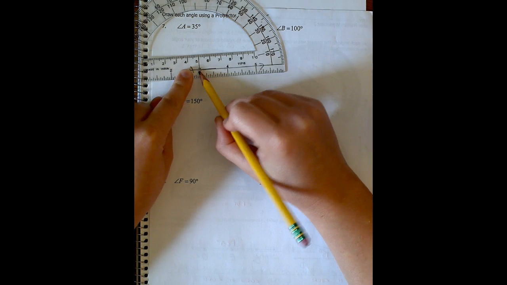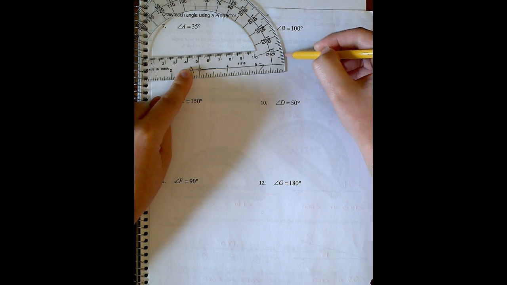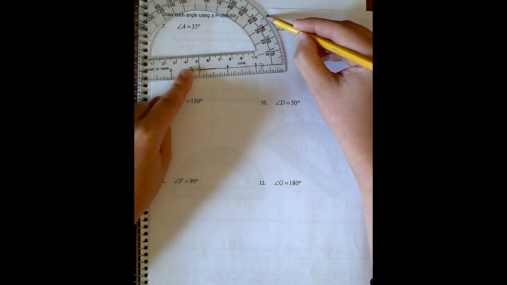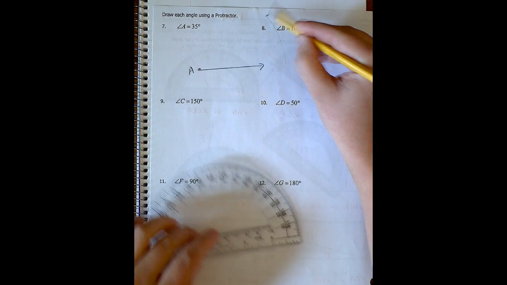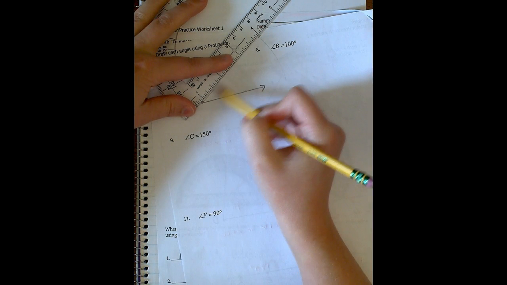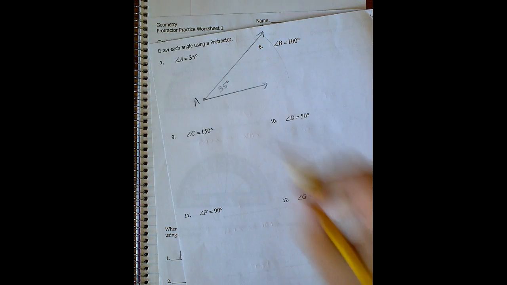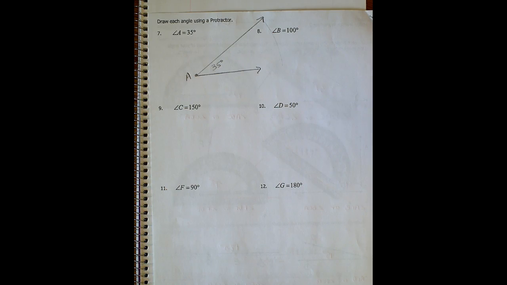The center point at my vertex, the 0 mark lined up with the side, and I'm measuring 35 degrees from 0. Mark my little point, and then I can connect my vertex to that point, and I have a 35-degree angle. So now you know how to draw an angle. You can go ahead and complete the rest of this worksheet on your own.